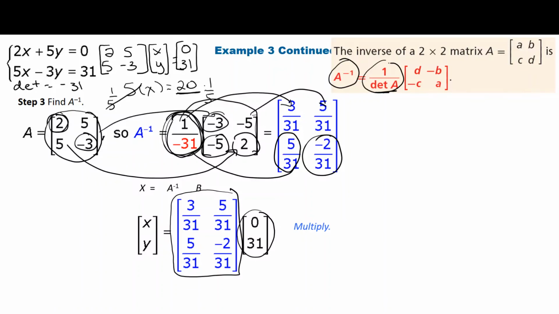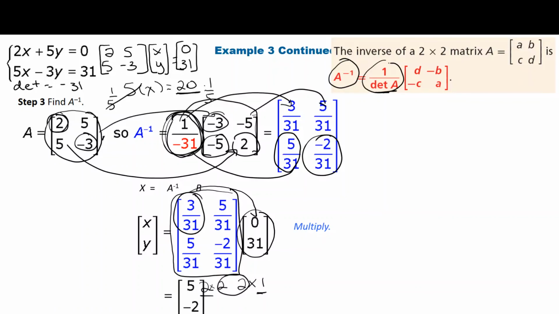This time we have to check and see if we can multiply. This is a 2 by 2, and this is 2 rows by 1 column. So our new matrix is going to be a 2 by 1. Let's just start multiplying. Remember, you multiply the first row times the first column, and in this one there's just 1 column here. And we just start multiplying through.